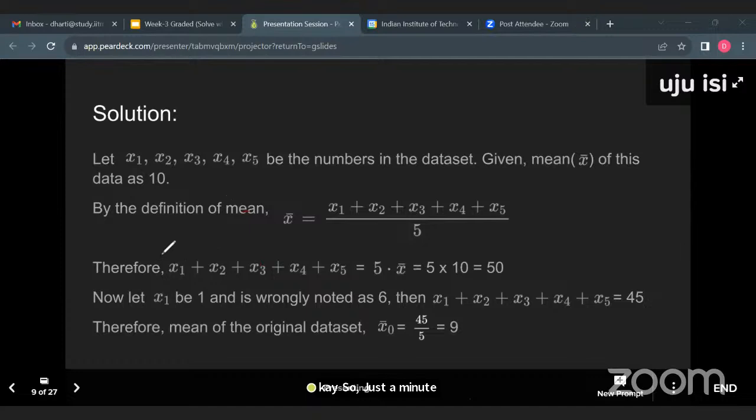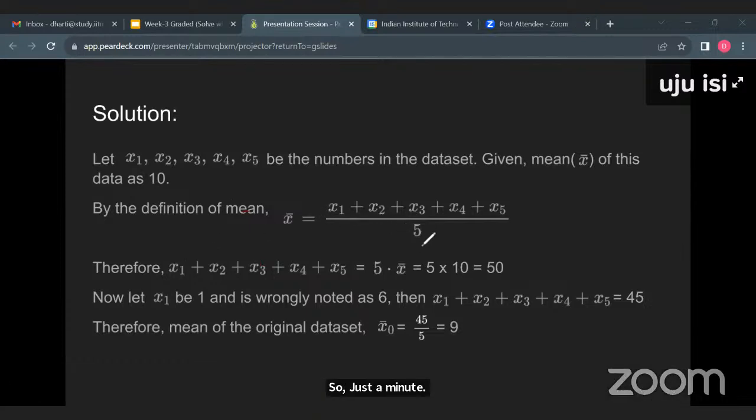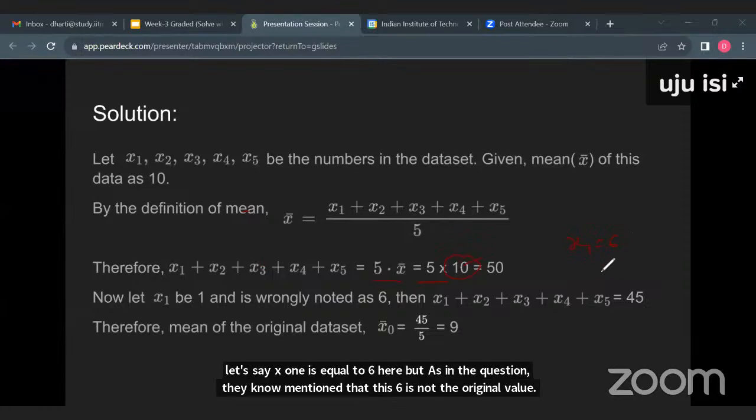So the mean is the sum of all the data points divided by 5. From this I can get the value 5 x bar, that is 5 into 10. Why 10? The mean of this data set was given already, that was 10. Now let's say x1 is equal to 6 here, but as mentioned in the question, this 6 is not the original value. By mistake there is a 6, so we have to replace this x1 by 1.